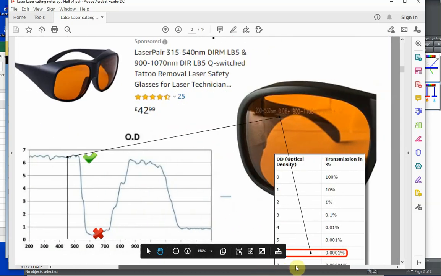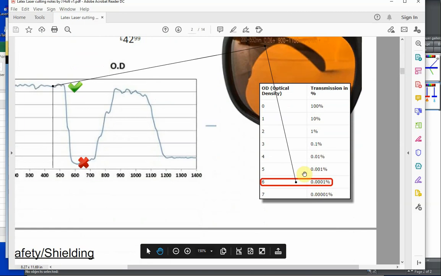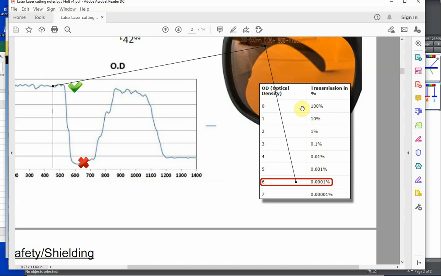Well, if we look at this chart here, the OD number basically tells you how much of the laser's energy the glasses, in this case, will absorb. So if you had an OD of 0, it wouldn't absorb anything. It would let all the light transmit through. In other words, it'd be clear glass. So that's obviously not very good.